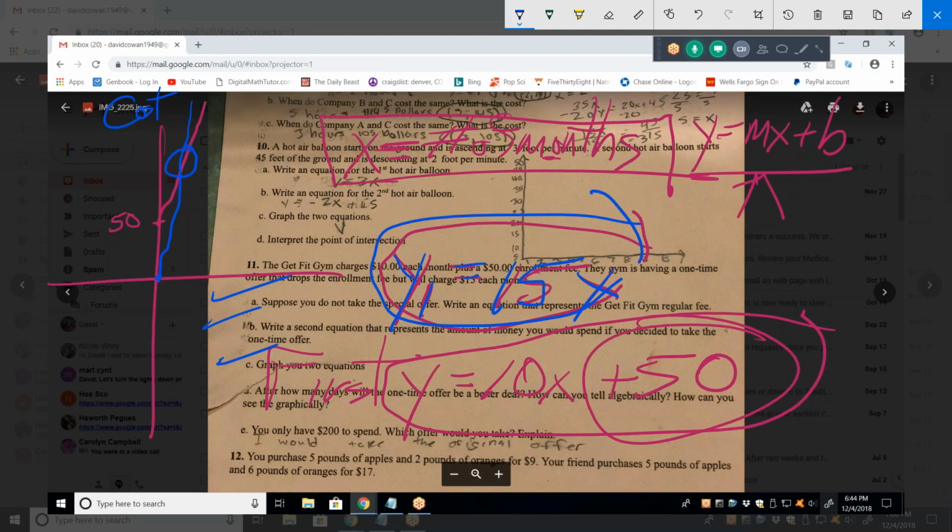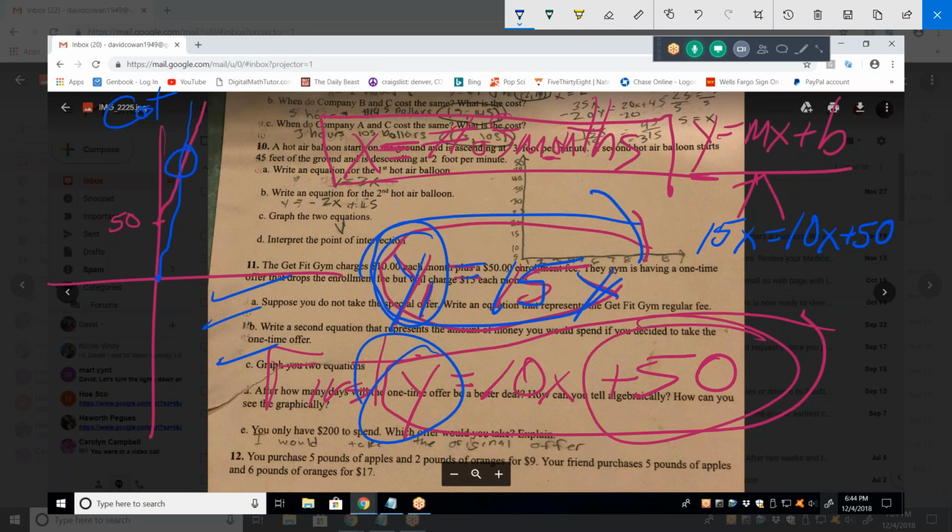Where those intersect is where they are equal, where y1 is equal to y2. So if I'm going to solve this, I'm going to set 15x equals 10x plus 50.